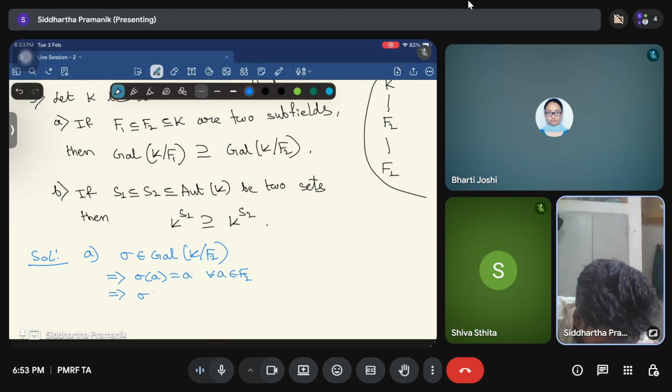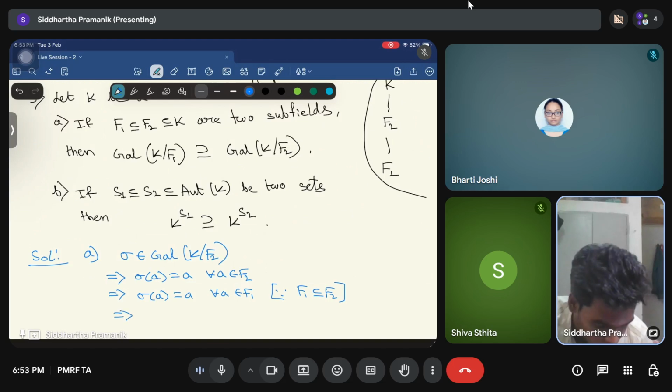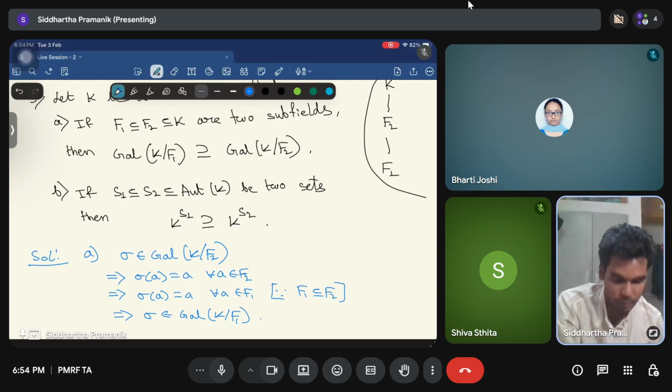So sigma also fixes F1, because F1 is a subset of F2. So that means sigma is in the Galois group of K over F1. So this proves the first part.